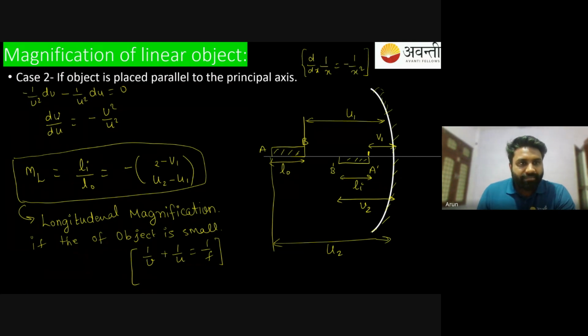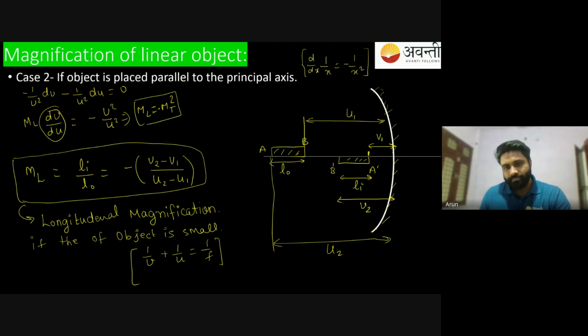So this dv and du is nothing but the difference of distances of image and object. So we would consider this as the longitudinal magnification, and this v by u is nothing but the transverse one. So we can say that this longitudinal magnification ml is equal to the square of the transverse magnification, with a minus sign.